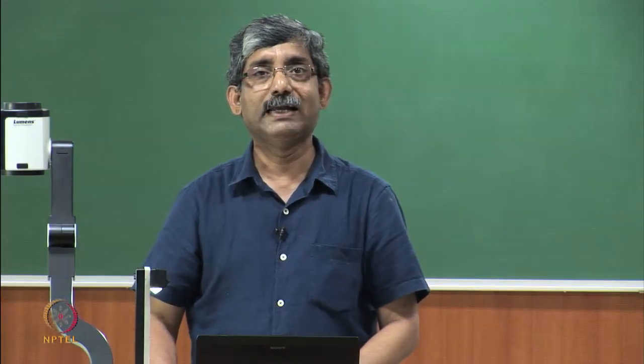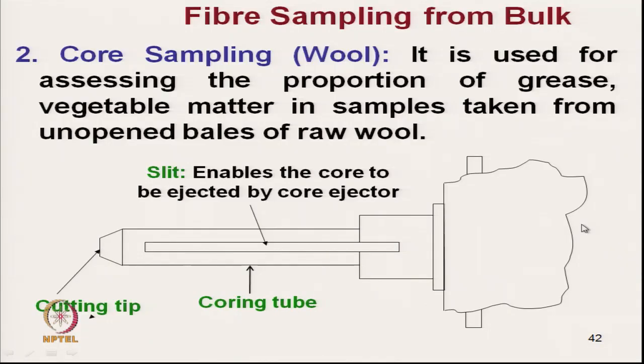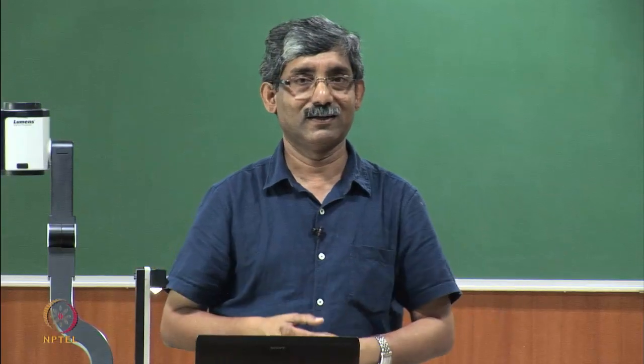Okay. Next is wool sampling from the bale, which is very important for wool fiber, because the raw wool fiber is highly sticky, and getting fiber from the bale is not simple or easy, because it is highly compact.